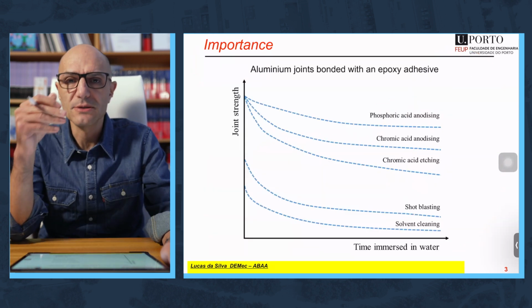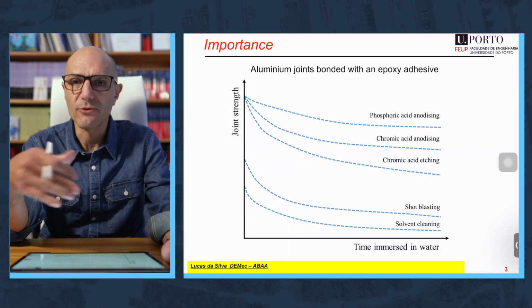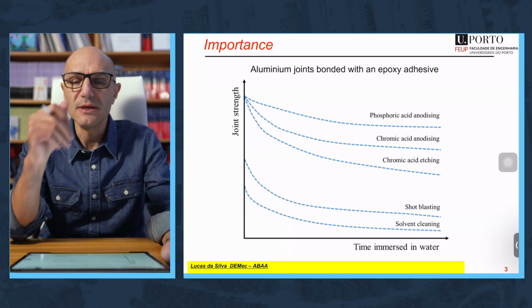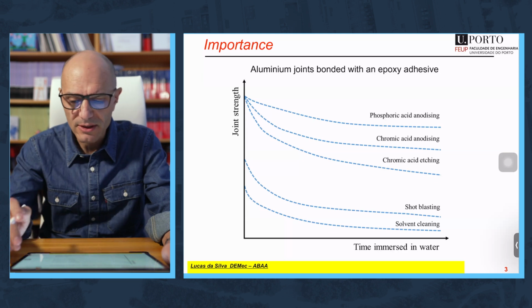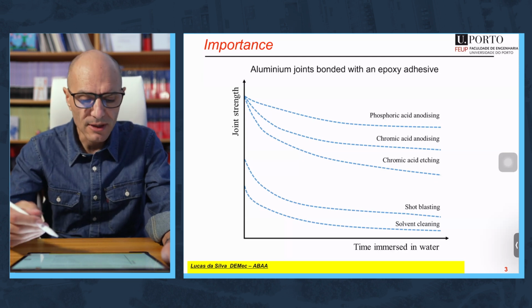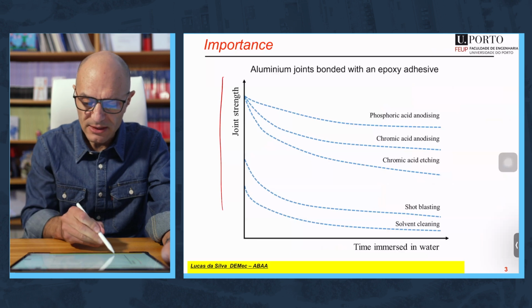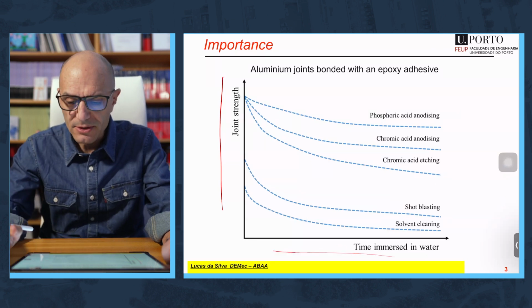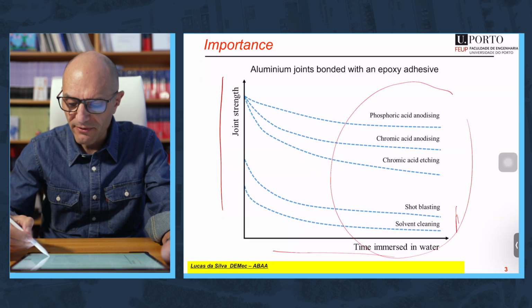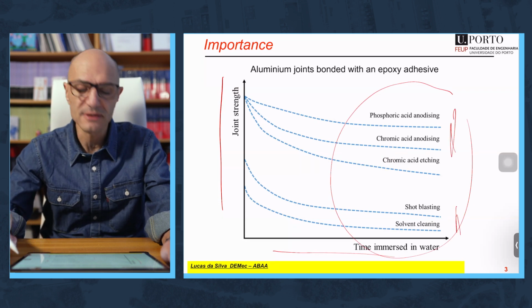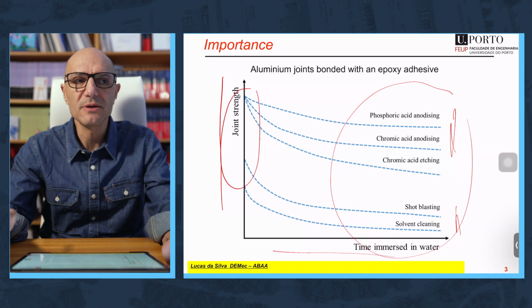It's important, surface treatment, for immediate strength, for tomorrow, for 1 week, but even more for the long-term strength. And this is what is illustrated in this slide. You have the joint strength of aluminum single-lap joints as a function of the time immersed in water for different types of surface treatments, from very, very simple up to very, very sophisticated. And you can see that at the beginning there is a difference, but not that much.